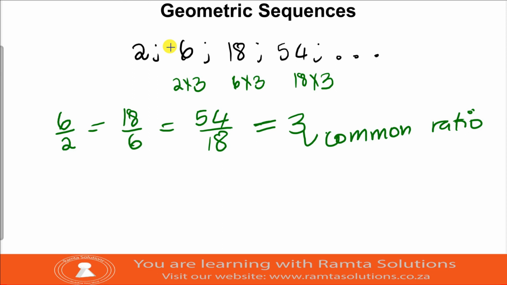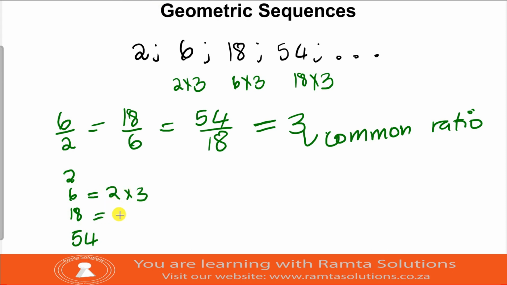Okay, so I can find a general term of this pattern here. I'm going to write it in this way. I have 2, I have 6, I have 18, I have 54. Agree with me that 6 looks like it is 2 times 3.